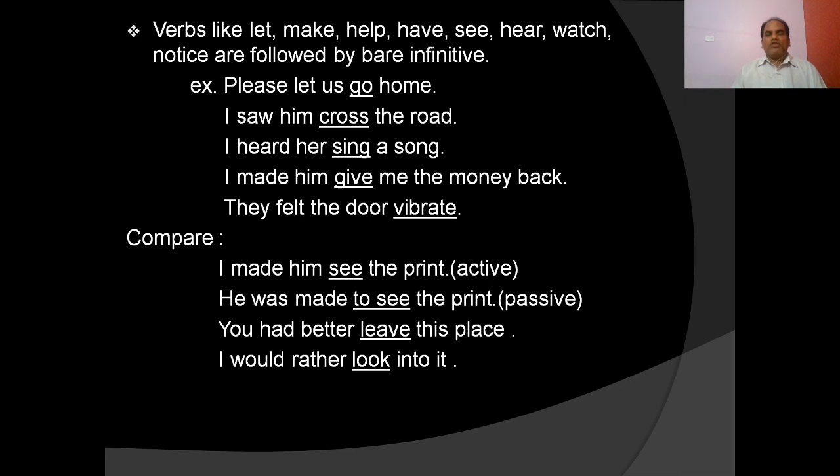Why? Because the first sentence is in active voice and the second is in passive voice. You had better leave this place. I would rather look into it. After would rather and had better we also use a bare infinitive.